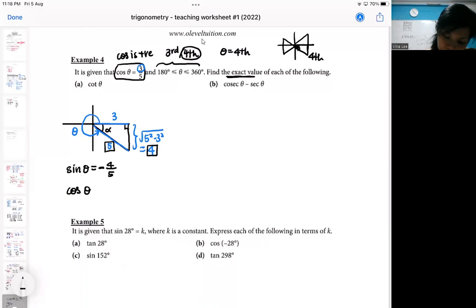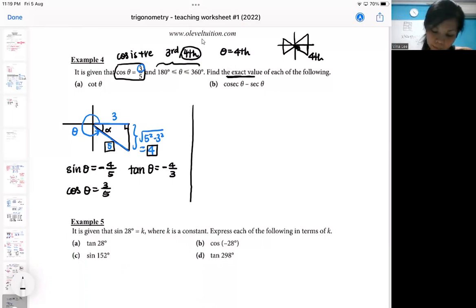Cosine theta is already given, so I don't need to do anything. Tangent in the fourth quadrant will also be negative. So that will be negative O over A. So after I have this as my working, I can answer my question.